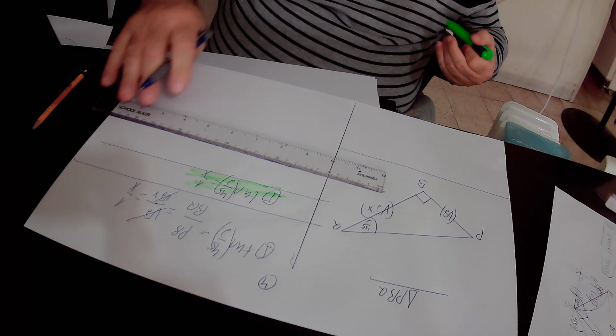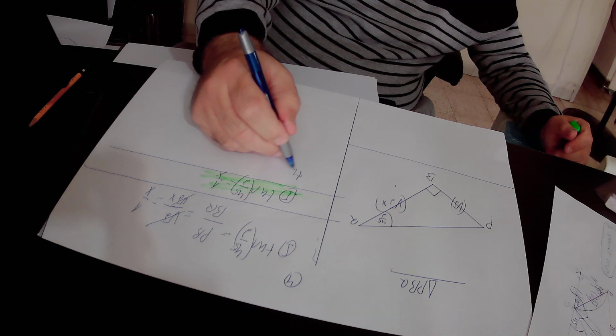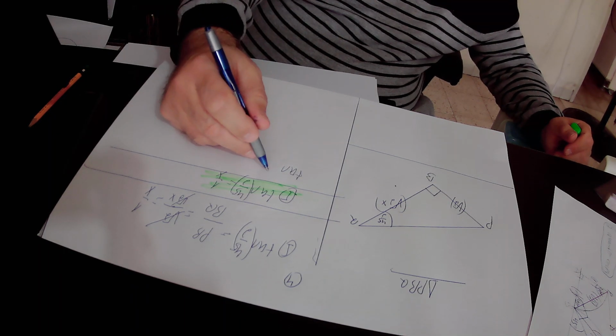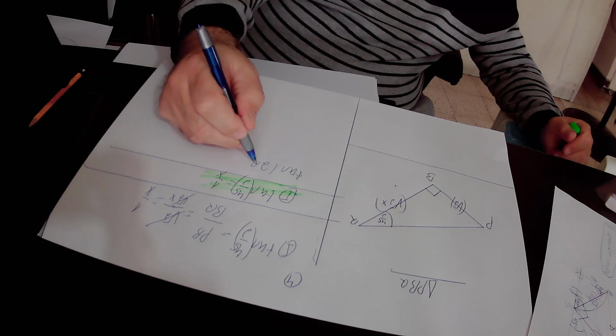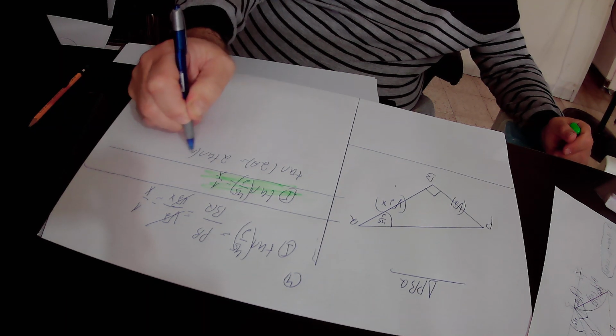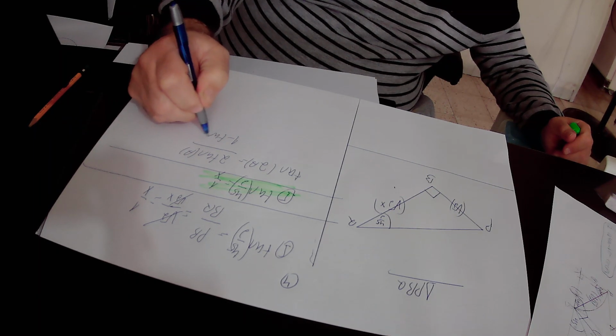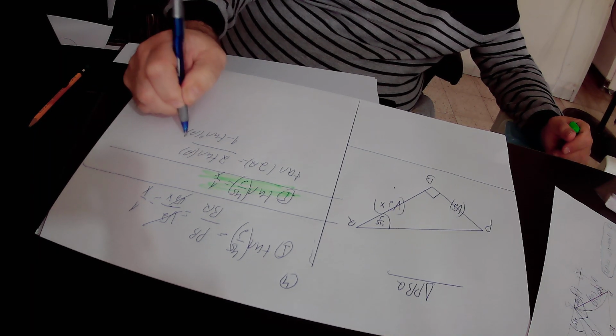We have the trigonometric identity that tangent of 2 theta equals 2 times tangent theta over 1 minus tangent squared theta. Okay?